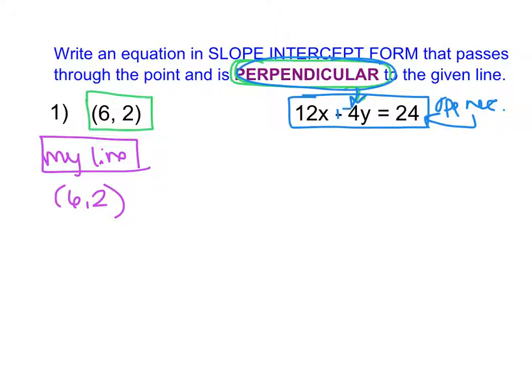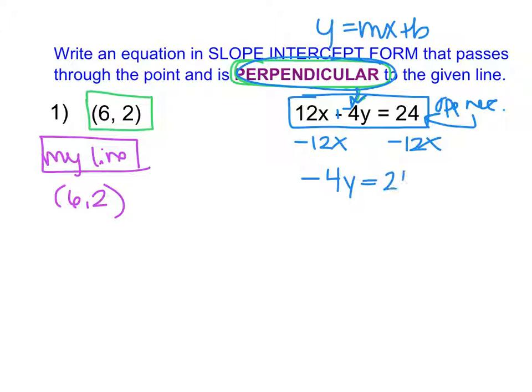In order to find the slope, we need to get y by itself so that it's in slope-intercept, or y equals mx plus b form. We're going to start by subtracting 12x on each side. So then we have negative 4y is equal to 24 plus negative 12x.